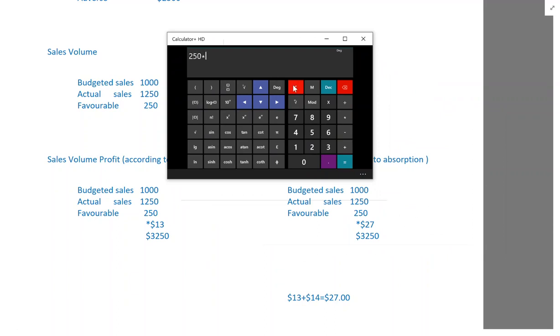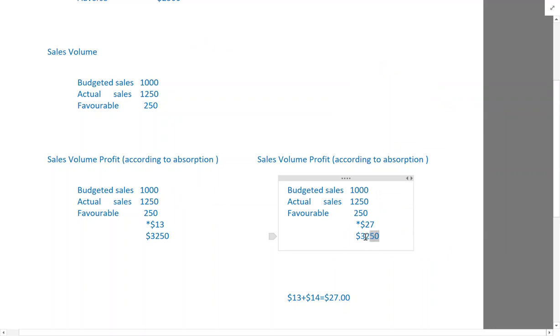So 250 multiplied by 27.50 is 6,875... Okay. Favorable.